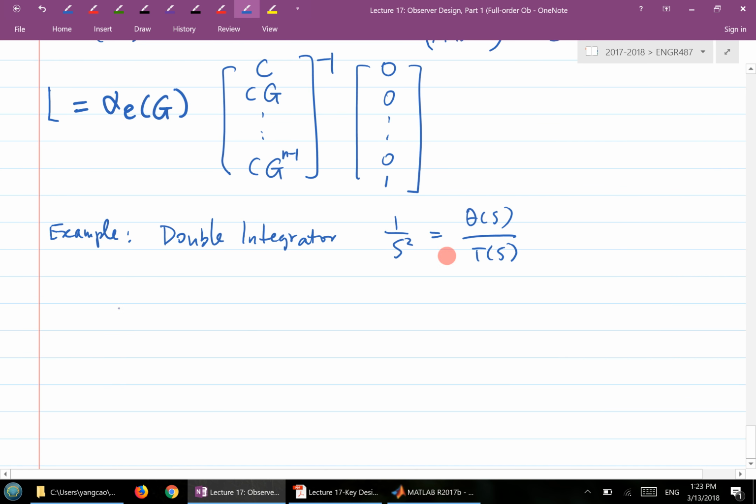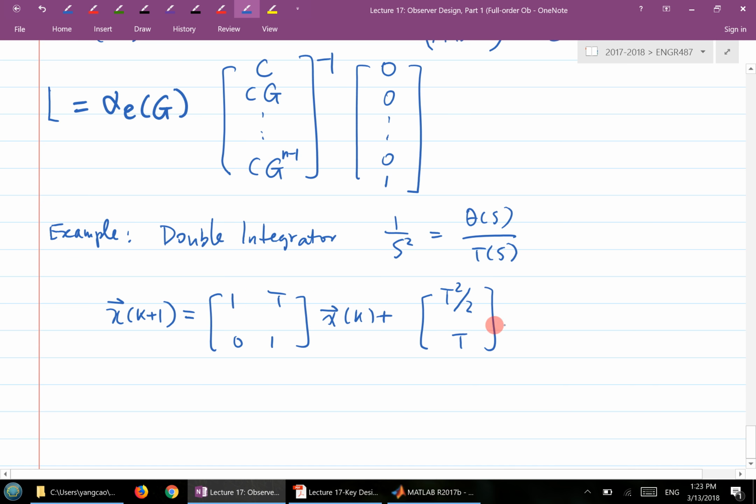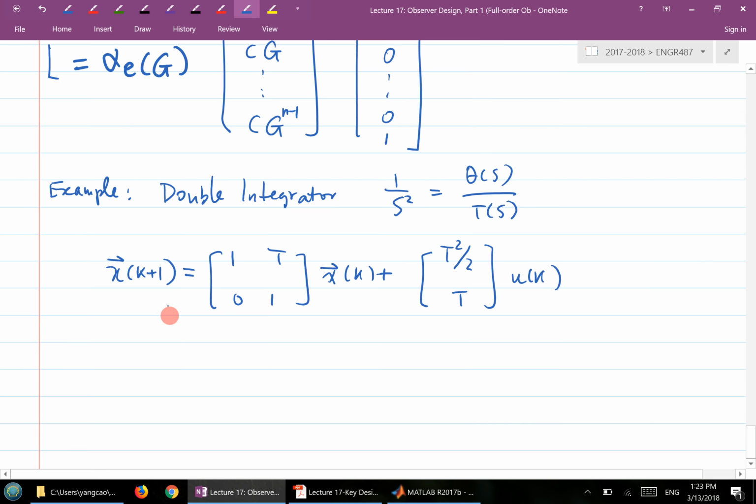We can discretize this system, and that's the result of this discretized system, not linearized, discretized.